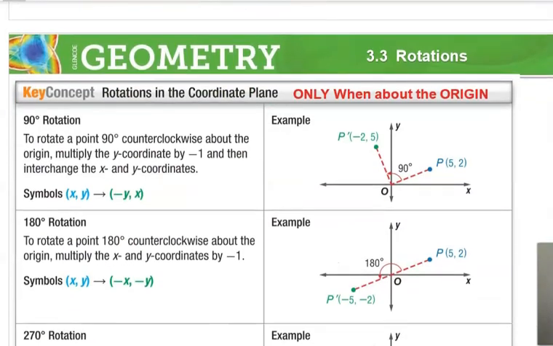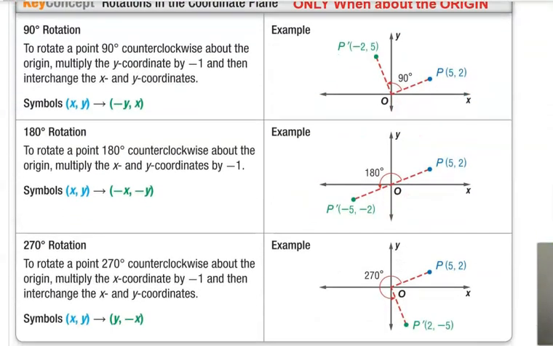But the rules that go with this are these. If you have a 90-degree rotation, turns out that the rotation is just simply switching the letters. So you're going to negate the y, and then you're going to switch it over to here. 180 degrees, and these are clockwise rotations, so counterclockwise rotations.